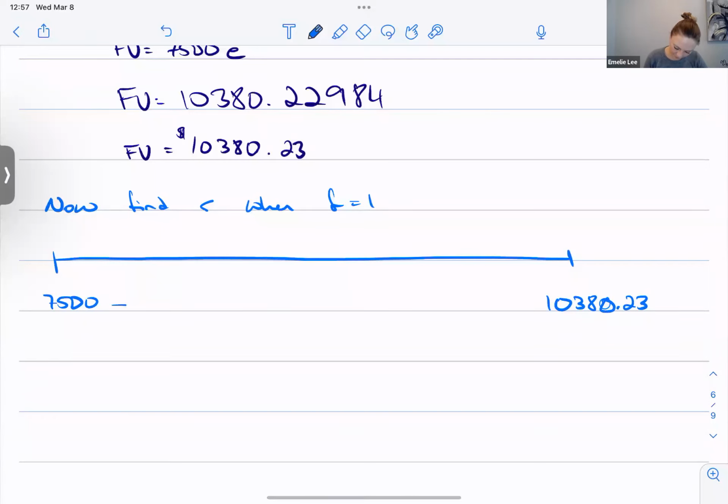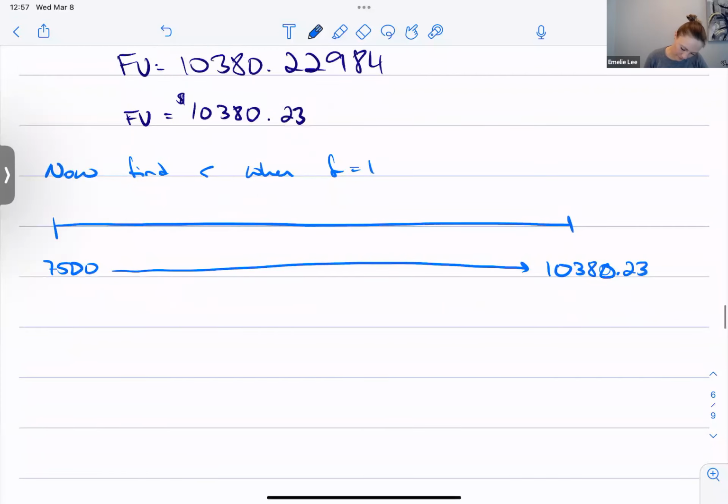Okay. T is 13 again. I'm going to force the frequency to be 1 and find R is equal to question mark.